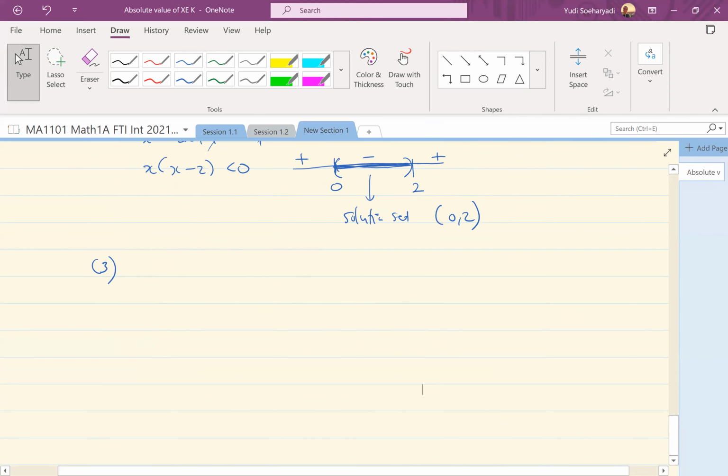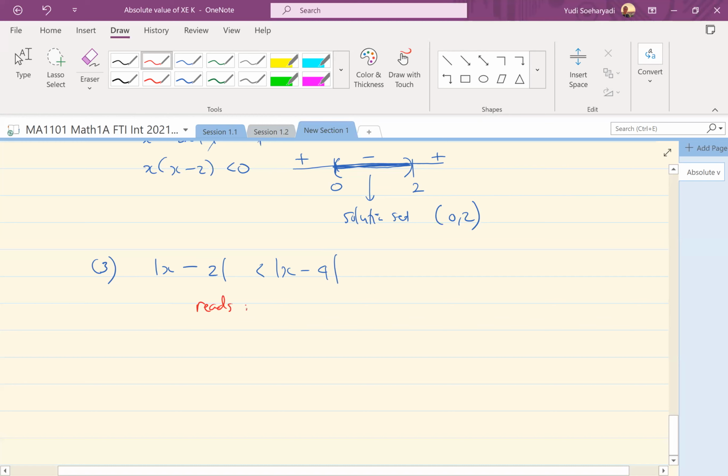Okay, example 3. Let's do this one. We deal with two absolute values. Try to read this one as distance, and you see you can solve this easily.